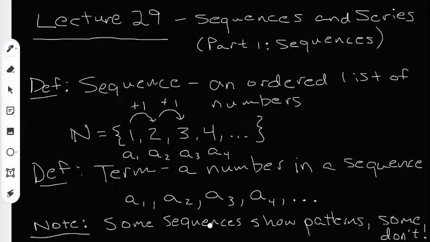So you can have some sequences showing patterns, like these natural numbers. They clearly show a pattern that to get from one number to the next, you have to add 1 each time. But you can also have sequences that don't show patterns. And I'll give you a quick example of that on the next page.